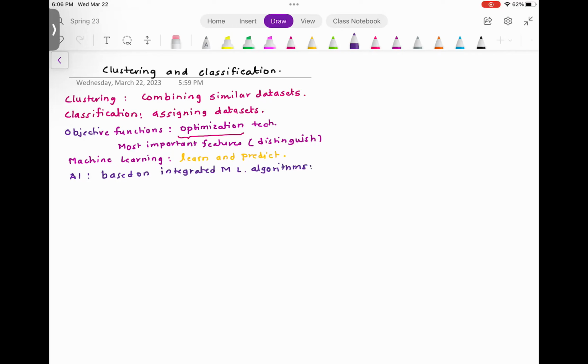And these algorithms are derived from the various techniques in statistical analysis, data analysis, optimization, and so on.